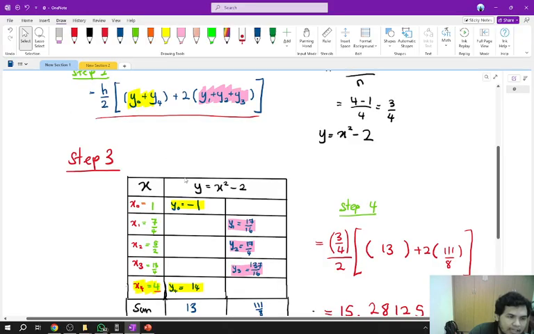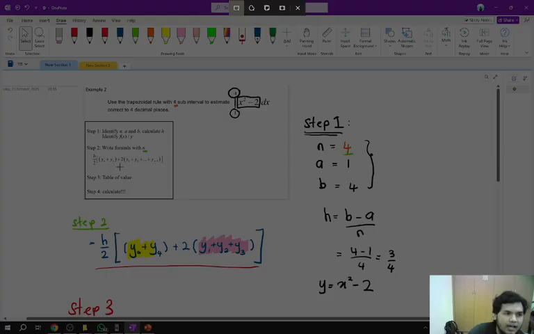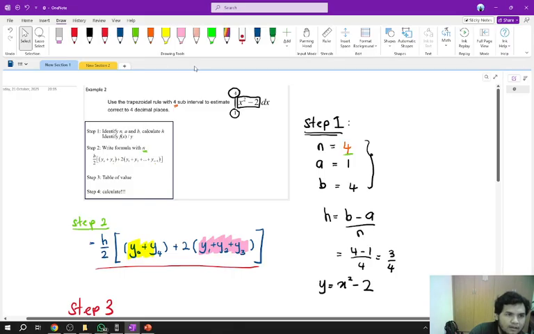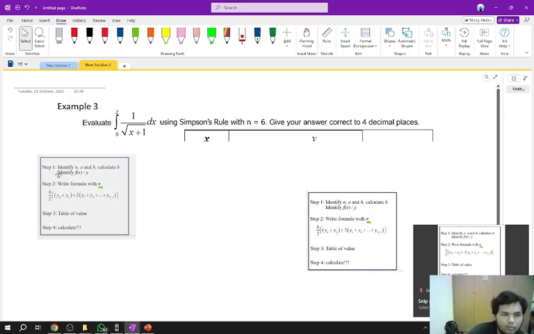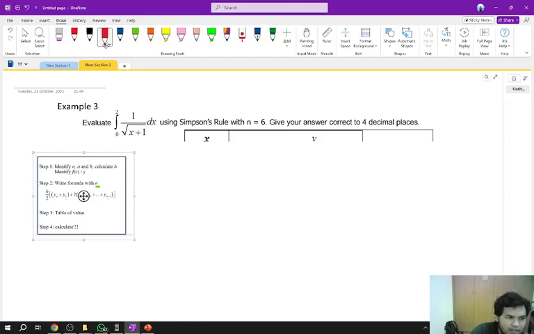Alright, so we take back the steps from the last video. We just use the same steps, but the formula is slightly different. So we need to make use of Simpson's formula, but the idea is the same, just change the formula. From step 1 for Simpson's rule, we need to identify a, b and n.